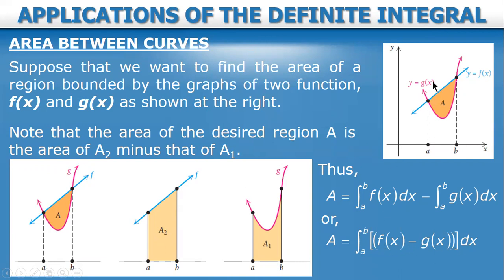Since our upper graph is f of x and the lower graph is g of x, it's upper graph minus the lower graph dx because we are analyzing a vertical rectangle. So we are going to use this one in solving problems. Always remember upper graph minus the lower graph.